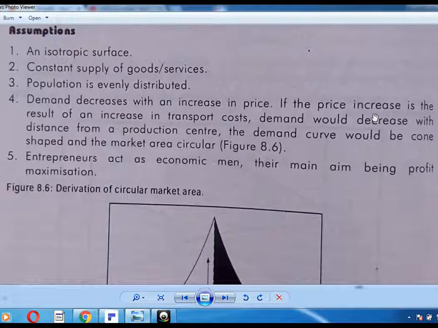So demand would decrease with distance from a particular center. The demand curve would be cone shaped and the market area circular.